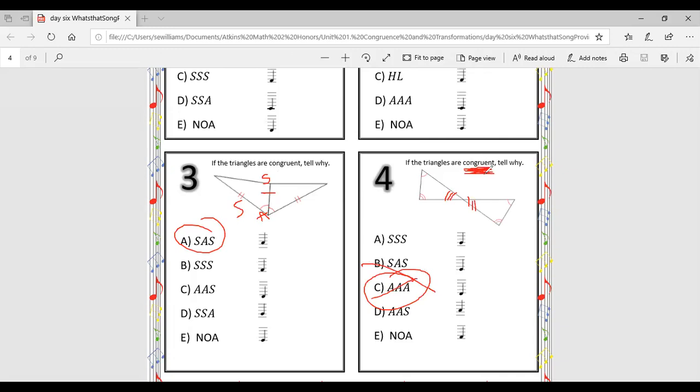So you want to choose the answer that they are not congruent. So your answers would be A and E on this one. Okay. Anybody have a question?